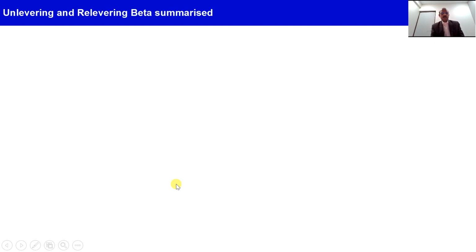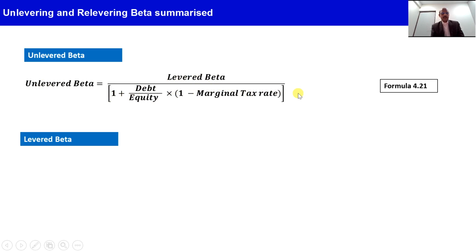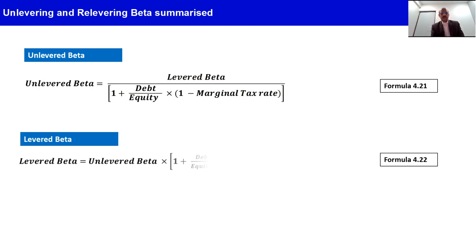Here we can depict the formula this way. This is the formula for unlevered beta equals levered beta divided by 1 plus debt equity times 1 minus marginal tax rate, and levered beta is just the reciprocal of that, where levered beta equals unlevered beta times 1 plus debt equity times 1 minus marginal tax rate.